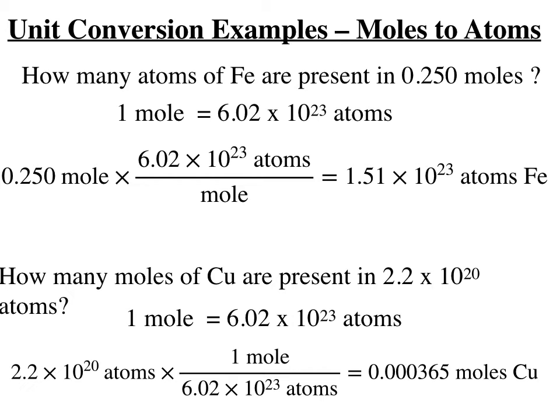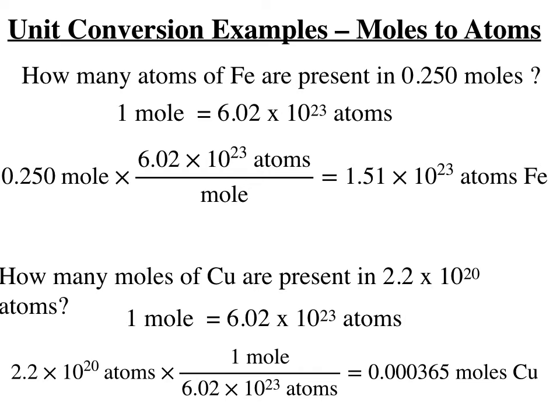Now, one ramification of not needing the molar mass of iron here is that for any material, if you have 1/4 mole of any material, you will have 1.51 times 10 to the 23rd of those things. Meaning, if instead this question had said, how many atoms of copper are present in a quarter mole?